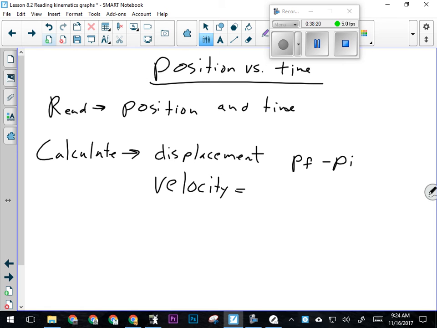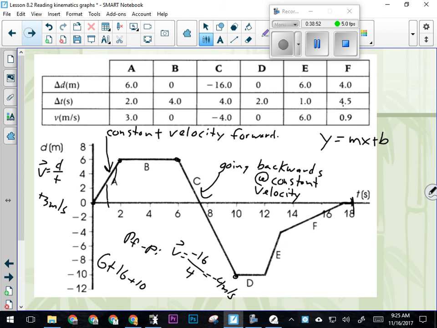All right, other things I can calculate: velocity. That will either be the slope of the line, or v equals d over t. Which one you use depends on what kind of graph you have. If you have a graph like the one we looked at before that looks like this, can you find the slope of that?